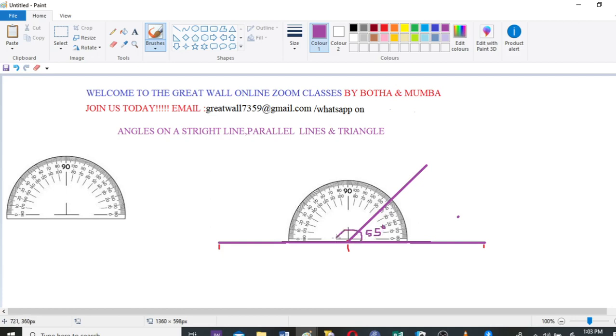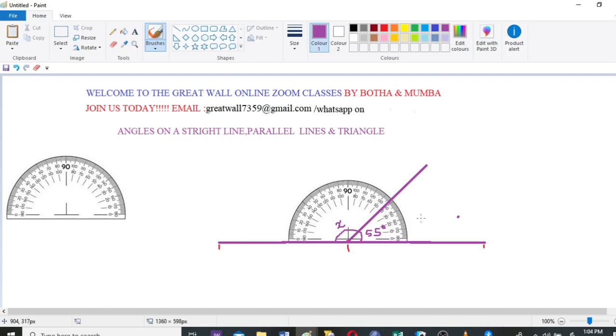Now we want to calculate the size of this angle, let's say x. How are we going to calculate this one? Using the property that this straight line from here up to the end there is 180, it's like 180, they've given you 55, find the remaining. That's the concept you need to understand.